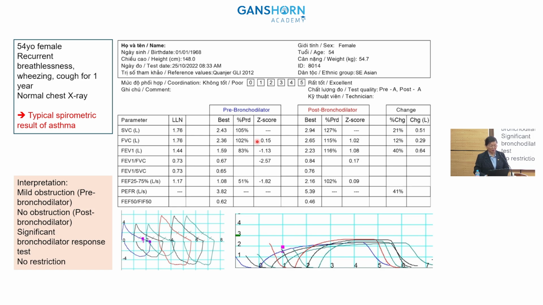And then for the ratio, we will choose the lesser one. It is 67 and 65, so we will choose the lesser one, 65. And then we compare with the lower limit of normal.